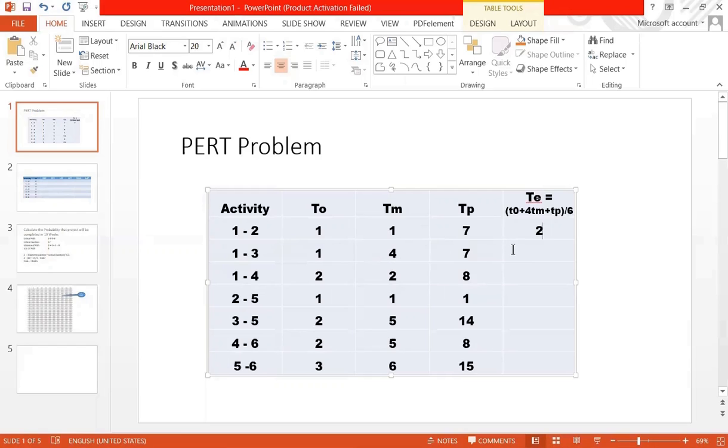It will be 1 plus 16 plus 7. That is 24 divided by 6. It is equal to 4.